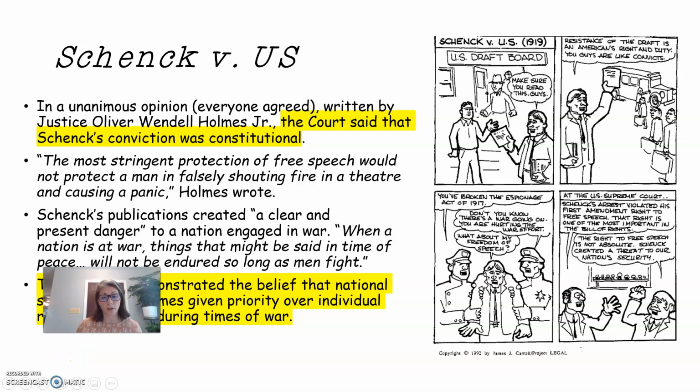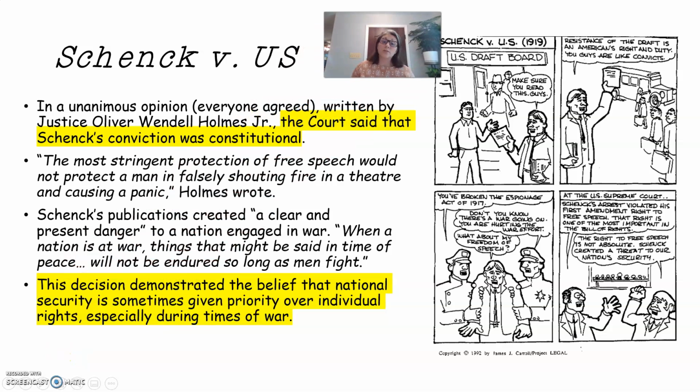And the Supreme Court rules, and everybody agrees, that this does not violate Schenck's rights to freedom of speech. So, in other words, his arrest and his charges were constitutional because his actions of telling people not to join the military presented a clear and present danger in a nation that was at war.